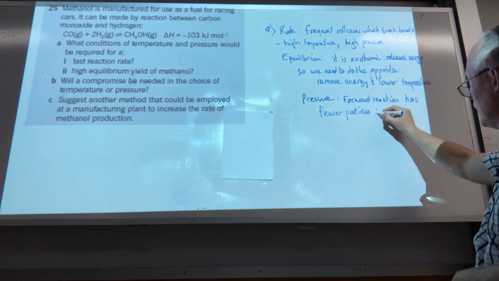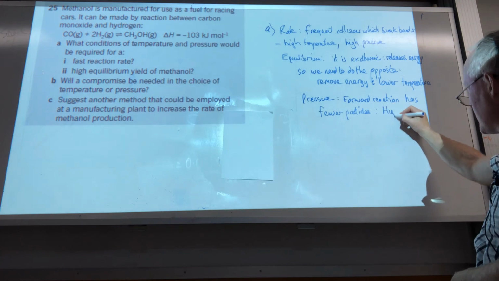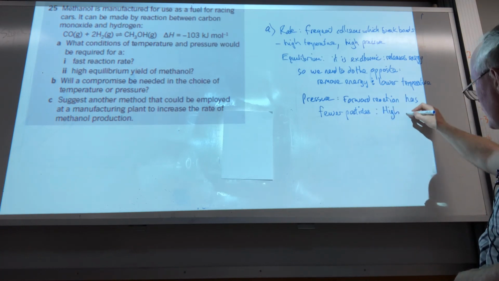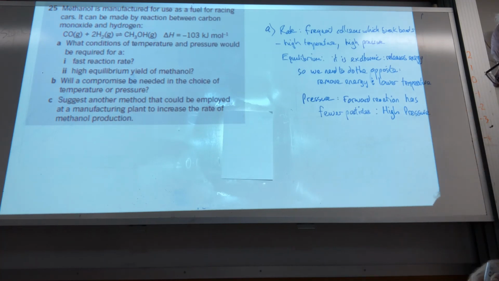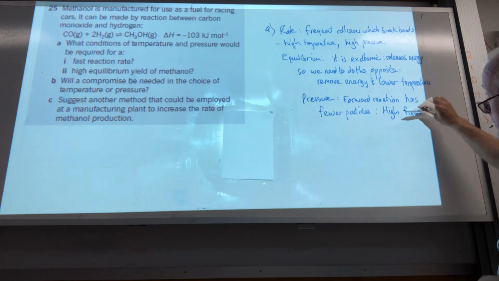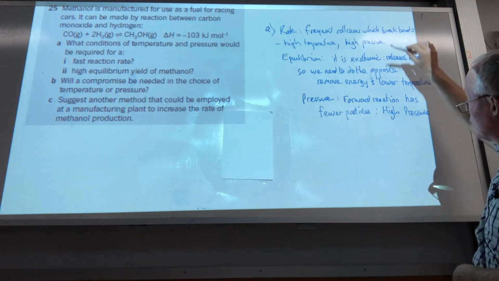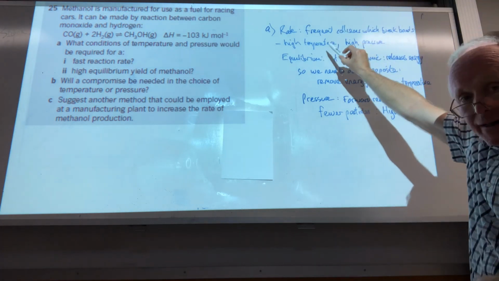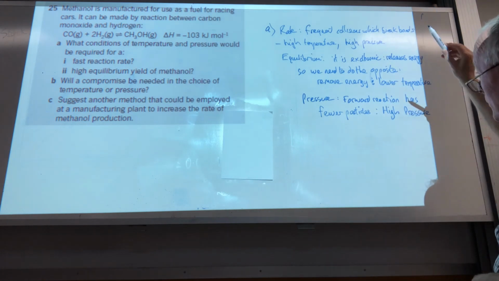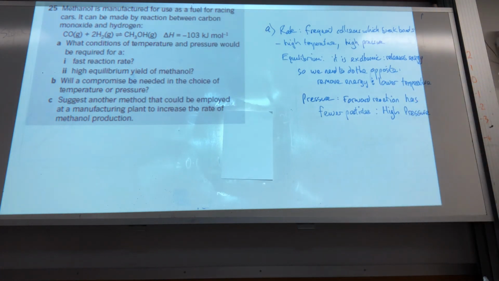So high pressure will encourage it that way, because it will want to reduce the pressure by going to the side with fewer particles. So what we see is high pressure is good for rate, good for equilibrium. No problem there. But for temperature, we need a high temperature for rate, but a low temperature for equilibrium yield.